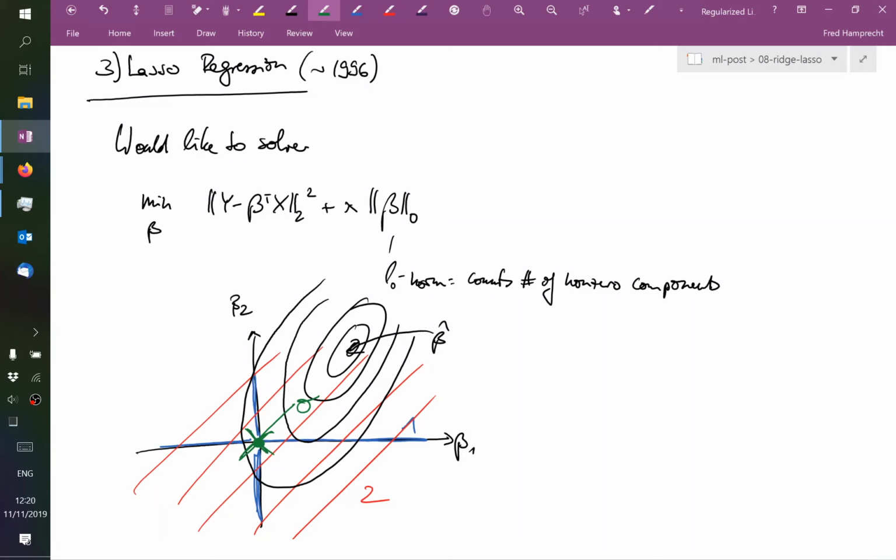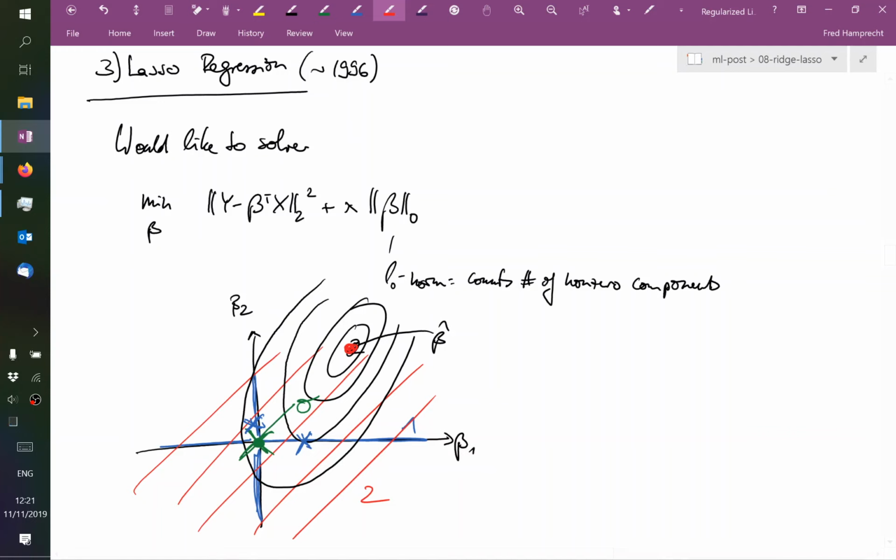Or I could say, okay, let's use only beta 1, and then my optimum solution would be here, and then I would have to evaluate how big is that loss. Or I could say, let's use only beta 2, and then probably that would be the optimum. Or I could say, fine, let's use beta 1 and beta 2, and then the optimum would be here.